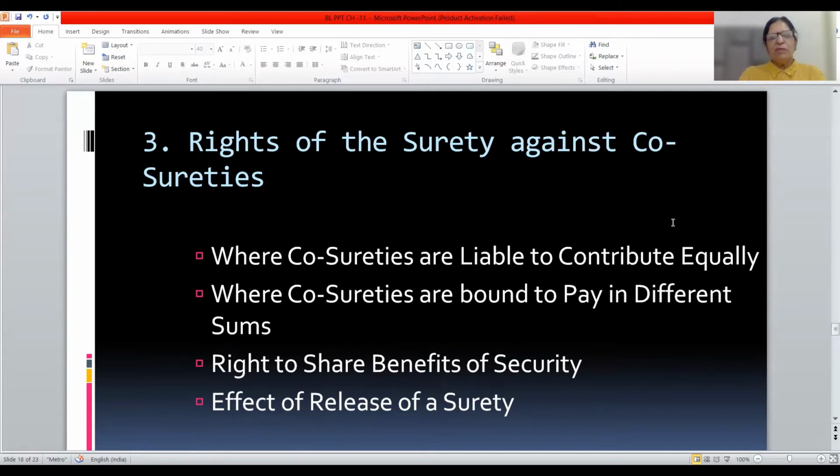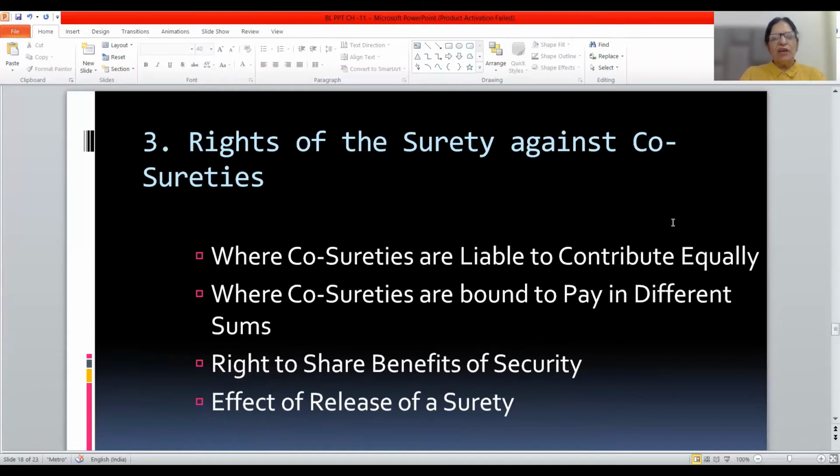Now, sometimes what may happen, I have taken the example of 3 co-sureties, X, Y, and Z. See, the creditor has told Y not to pay the total amount. So when we talk about co-sureties, their liability is joint as well as several or individual. Then, say Z has been released from liability. Then, X or Y will be called upon to make the entire payment of 9,000 rupees.